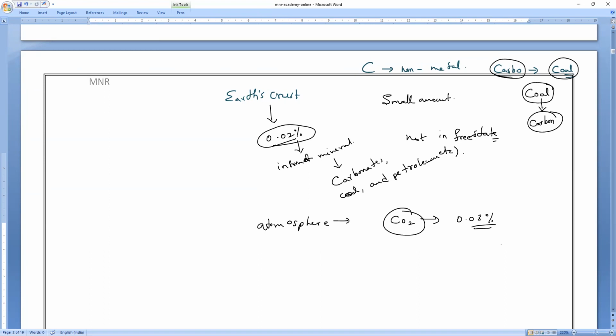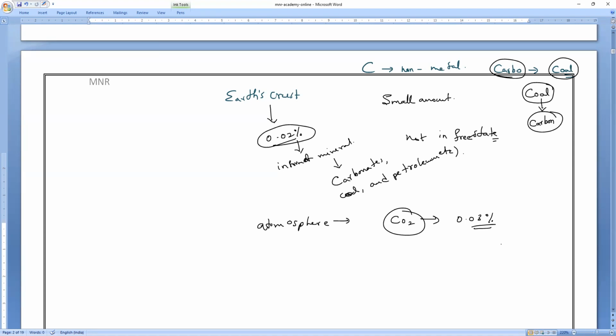So that is the immense importance in every part of a living organism. Many kinds of substances are made up of carbon and its compounds only.